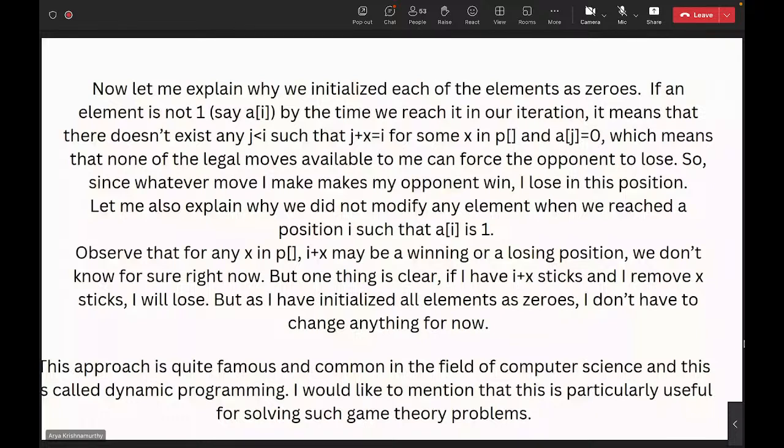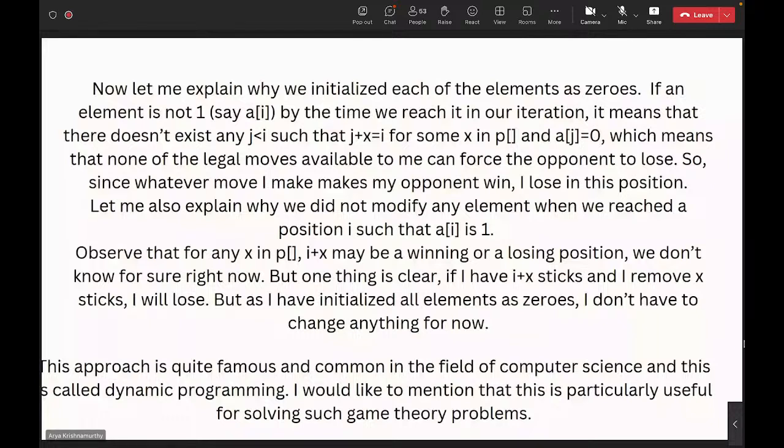Whatever I remove, I will not transition to a losing position, which by definition means that this position is losing. So initializing all the elements to 0 makes sure that I don't have to do any further operations to check this.